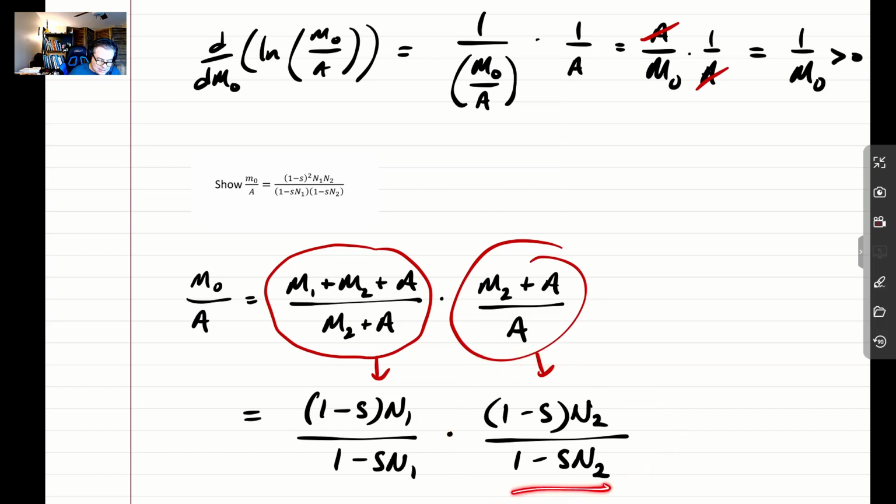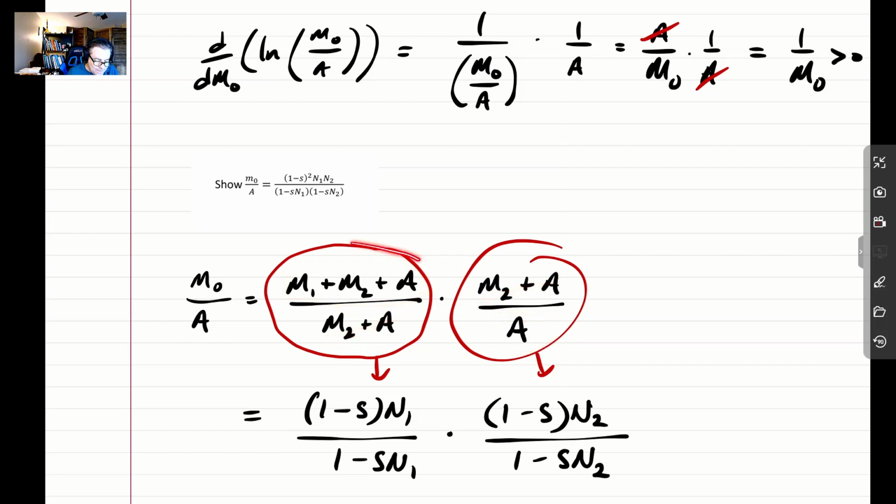So this is the m naught over a in terms of these new variables n1 and n2 and just some constant s. And m naught over a, of course, you could say is this expression times this expression, because notice that these guys would cancel out and we have this numerator divided by a.